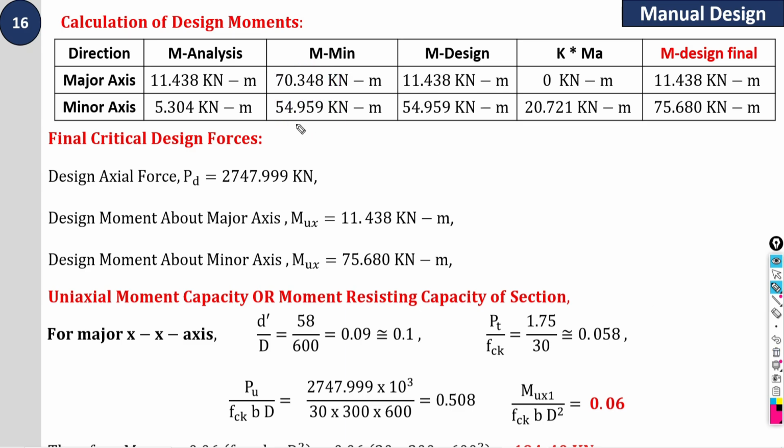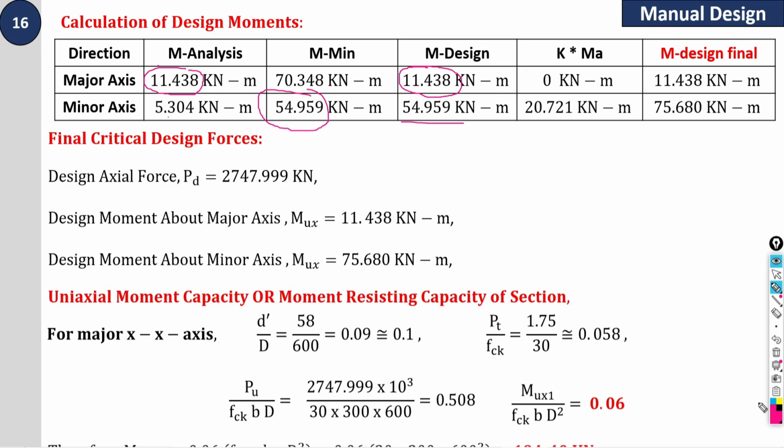So as of now, for this major axis, I am going to consider this 11.438. Why I am doing it, I will explain. So 11.438. Now as here 5.304, it is going to become 54.959. So obviously now I am free to take this. So I am taking this 54. Amongst one direction only you have to consider.